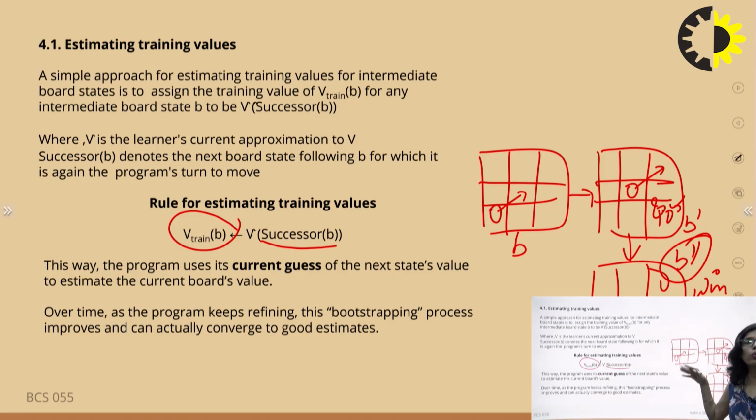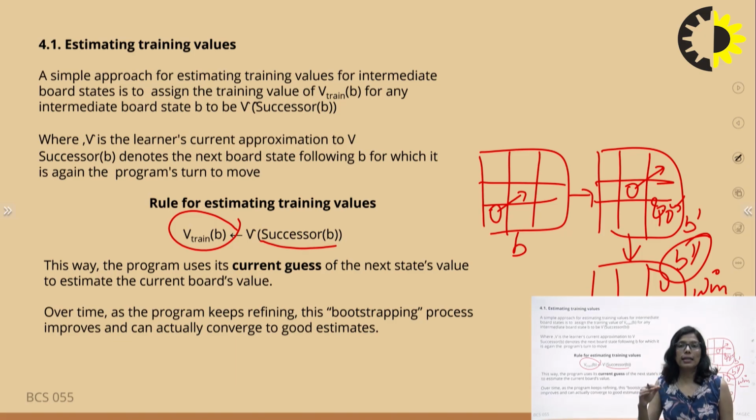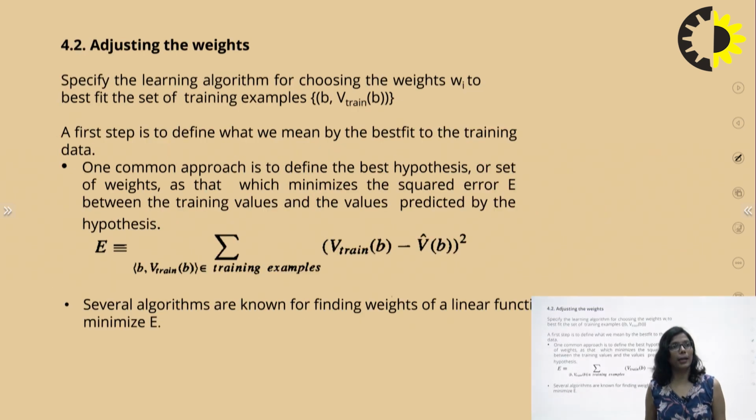So we'll adjust the weights so as to fit the training examples. Right? So the value of vtrain B is dependent upon the successor values, and ultimately, if we compute the successor from the subsequent moves, we will reach the end game, whether the person has lost the game or won the game. Right? So with that, I can adjust my weights on the basis of that.